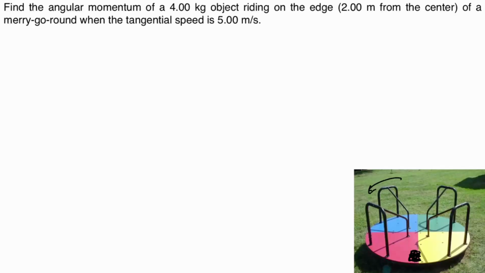Let's say it's going like that. So what does this look like top view? There's my merry-go-round. Here's my two kilogram package on there, and the merry-go-round's going around like this. But we just want to find the angular momentum. We're not doing initial and final or any of that. They're just asking me to find the angular momentum, okay?